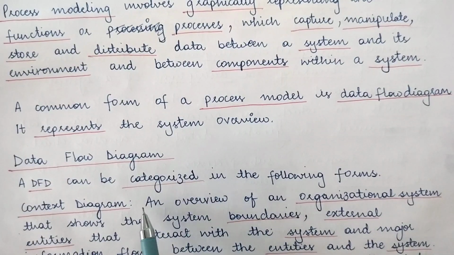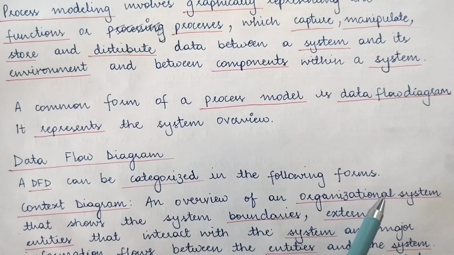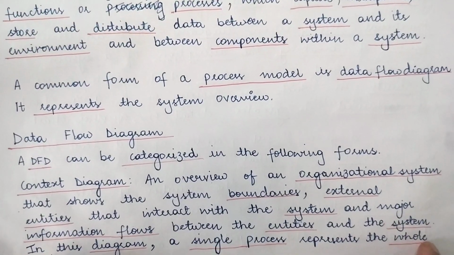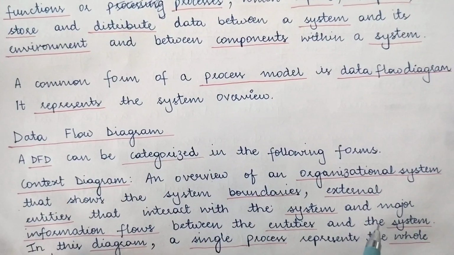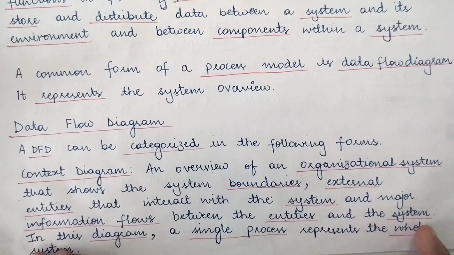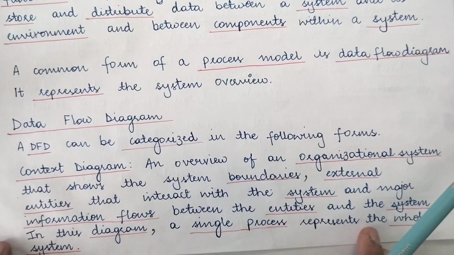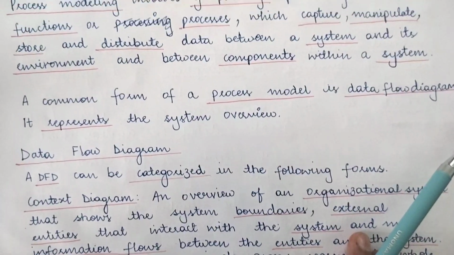So it will provide you with general information about the organizational system: what the system boundaries are, what the external entities that interact with the system are, and what the major information flows are between those entities and that system. In this diagram, there is a single process that represents the whole system.